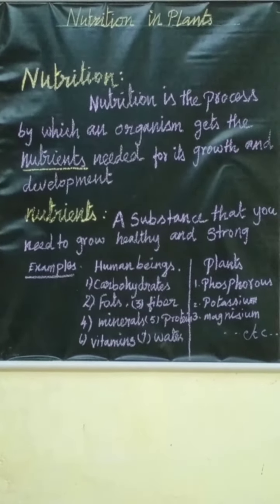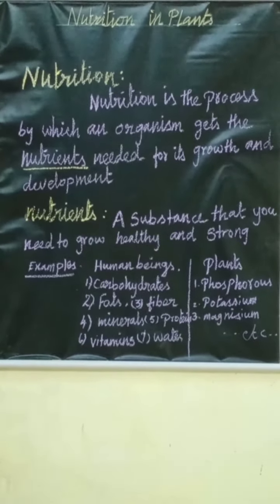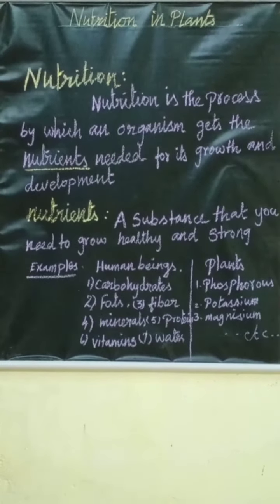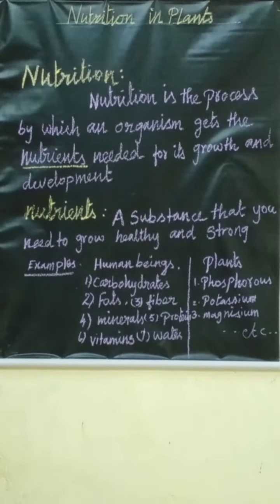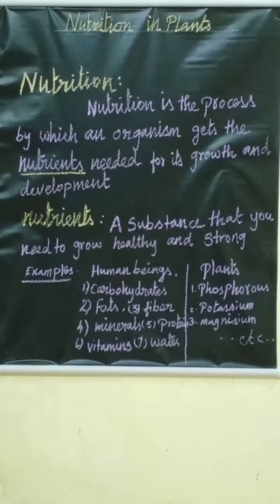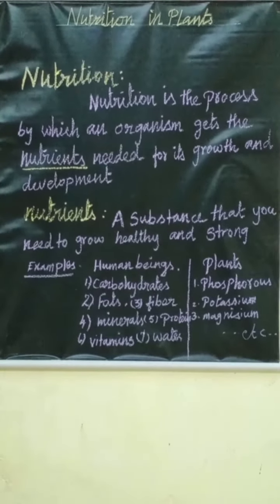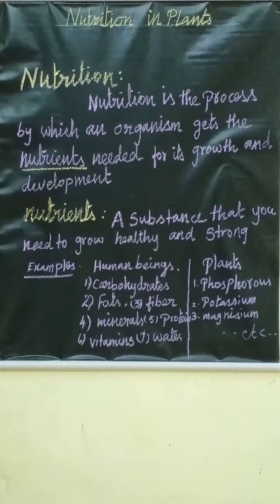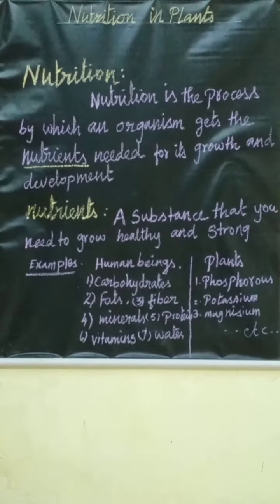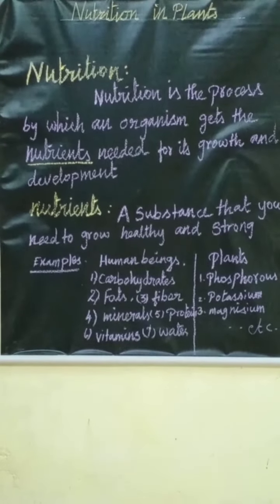Nutrients are very important for our healthy and strong growth. So we need to eat nutritional food. If you eat junk food more, you will fall ill. So avoid eating junk food. We need to eat nutritional food.